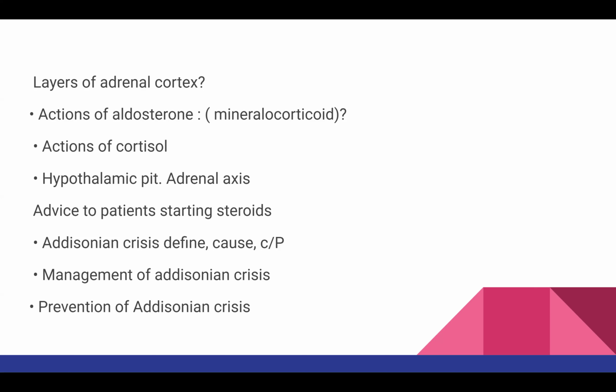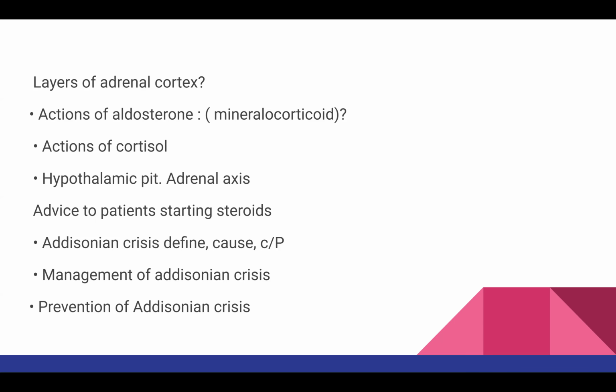Okay. So what is the management of Addisonian crisis? I will manage the patient according to the ABC protocol. I will check the airway, breathing and ventilation, and the circulation of the patient. I will start the patient with IV steroids.